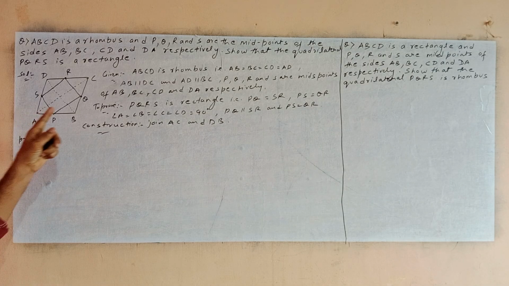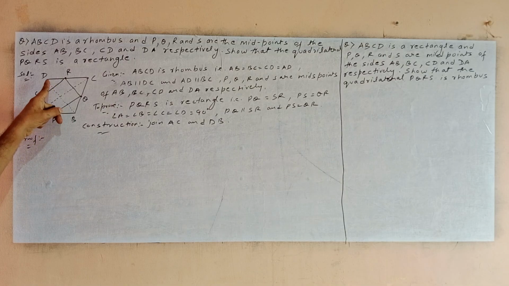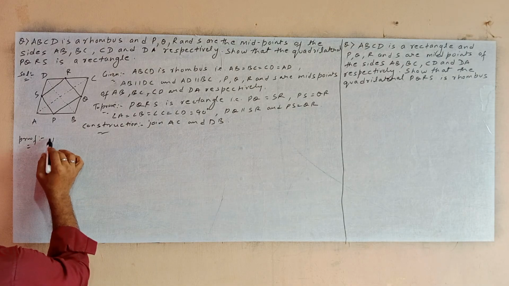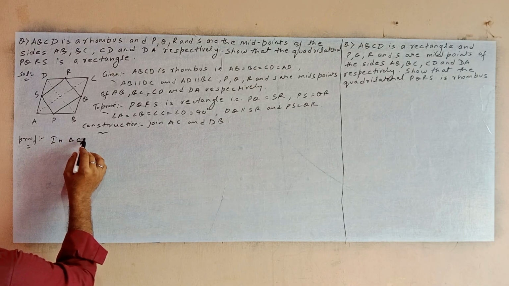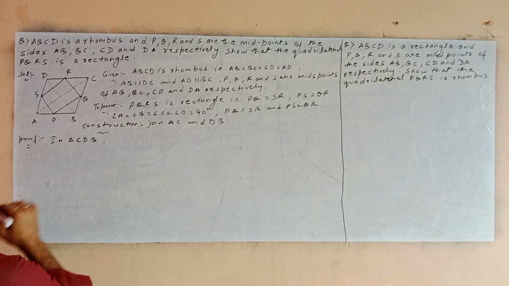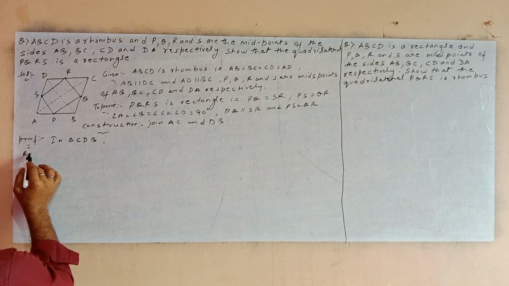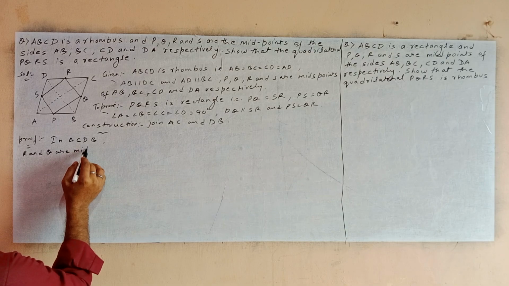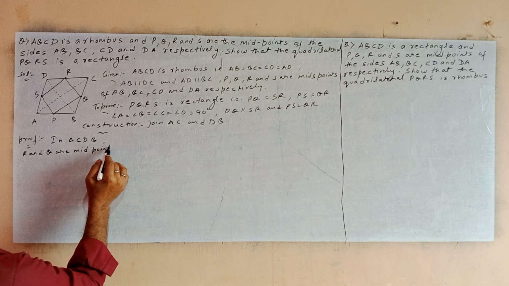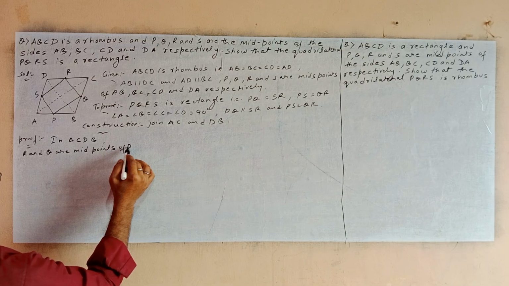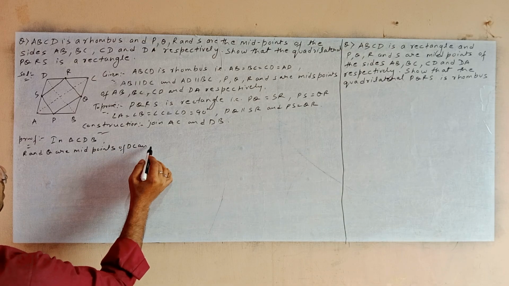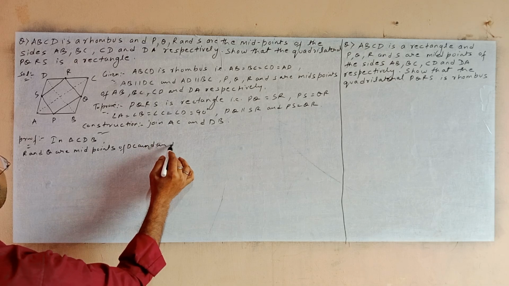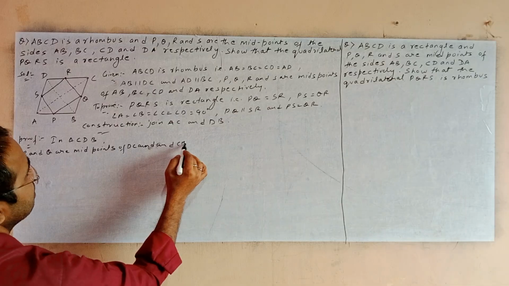Now in triangle CDB, R and Q are midpoints of DC and CB.